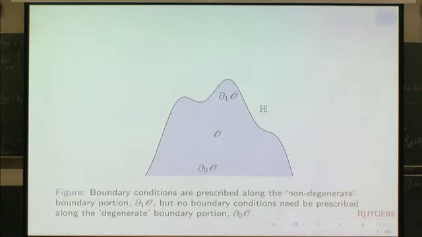Okay, so just a picture to relate all of these different boundary portions and domain and so on. What I call del 1, the black portion of the boundary, is where we're going to explicitly prescribe a boundary condition, be it Dirichlet or Neumann or whatever. I'll always, for simplicity, talk about Dirichlet conditions. This portion of the boundary, which is unshaded, is where no boundary condition is prescribed.